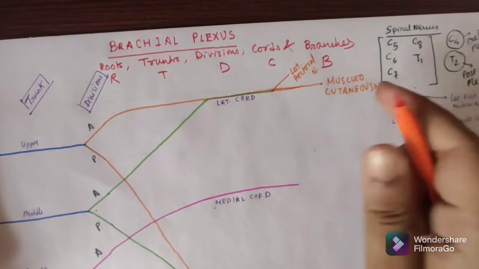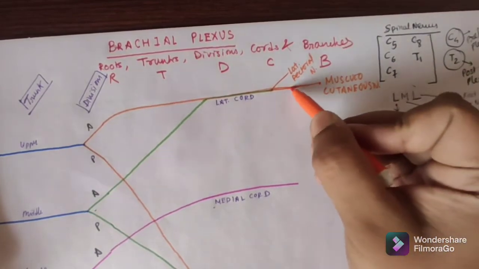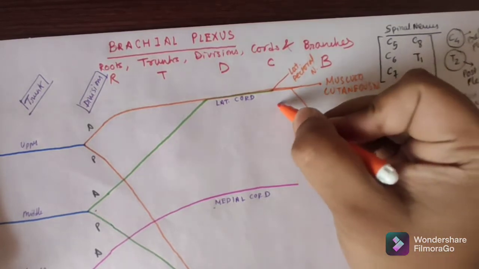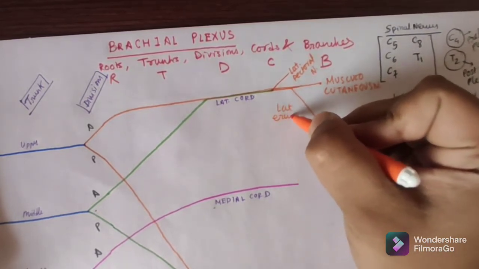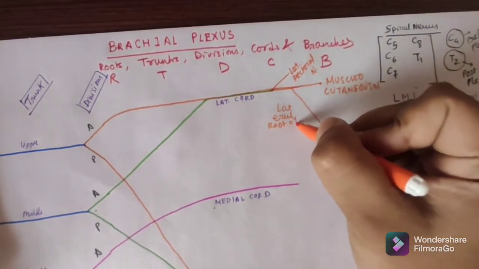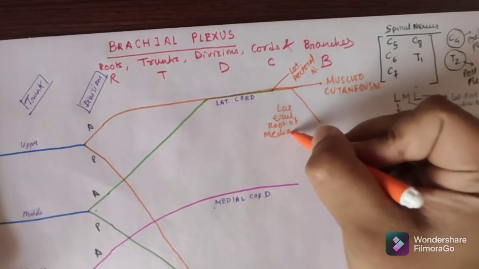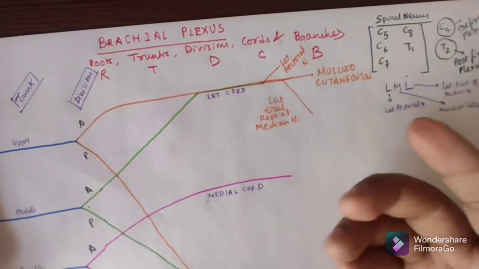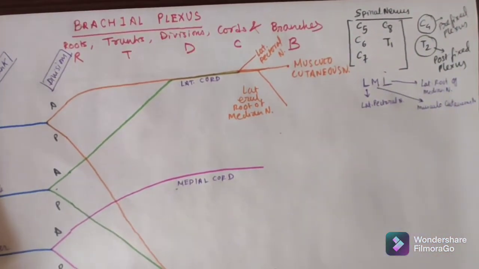Okay, now this is the main branch. Now one more branch will be there. This is the lateral root of median nerve. Now the median nerve has two roots, lateral root and the medial root. Now we will come across the medial root.